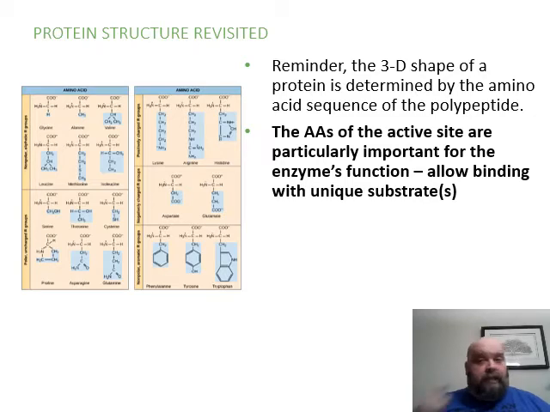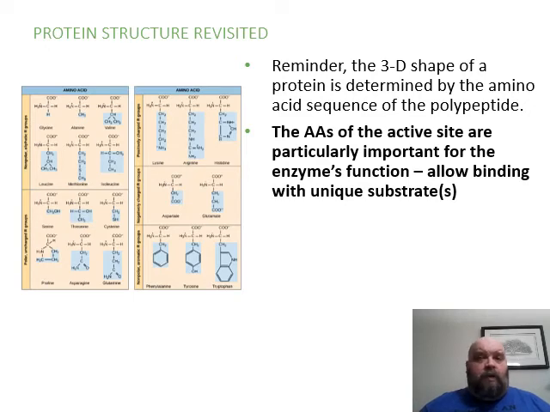Now, as I said in the last lecture, the active site is going to interact with the substrate. It's going to orient. It's going to give a specific microenvironment, more acidic, less acidic, with water, without water, whatever.